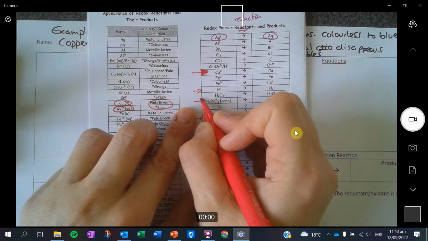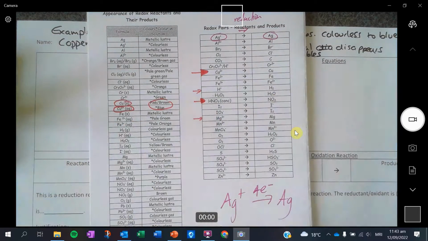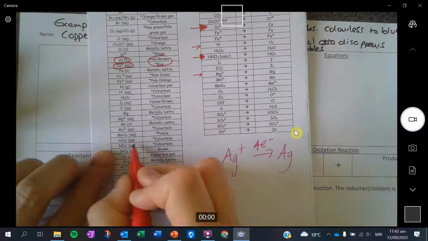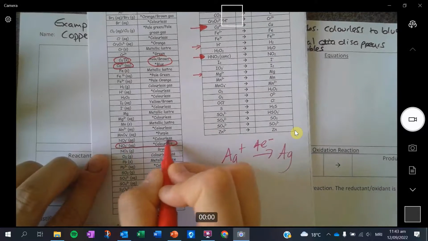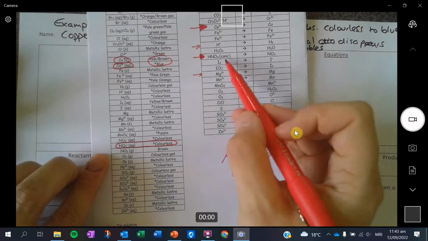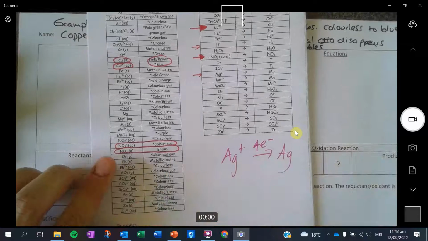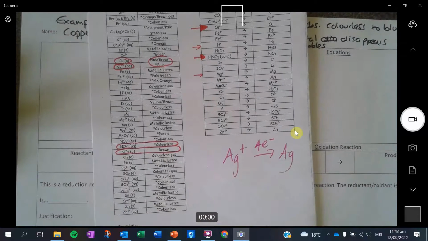So again, we're looking for those items on my list. I can see that NO3 is on there, aqueous and colorless. The other thing I see is it going to NO2, and that's brown. Does that match the observation about brown fumes? Yeah. So everything should back itself up. Are we good with that so far?